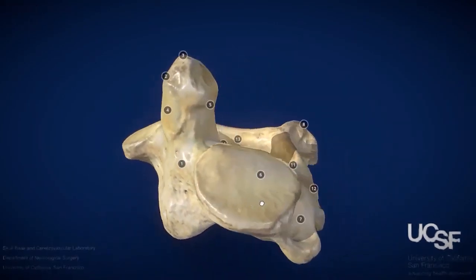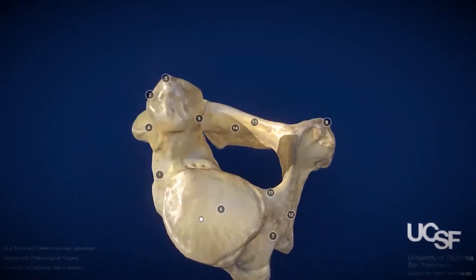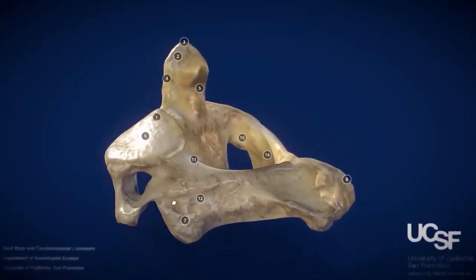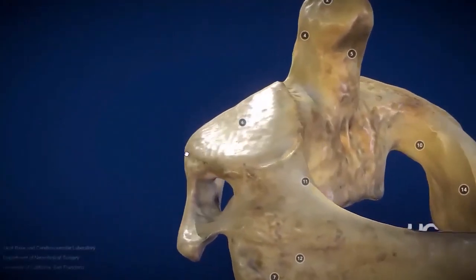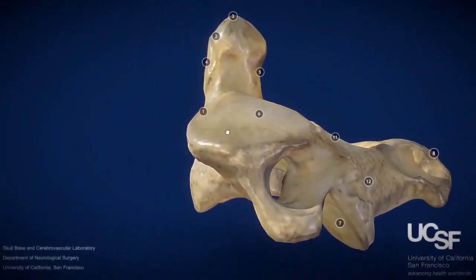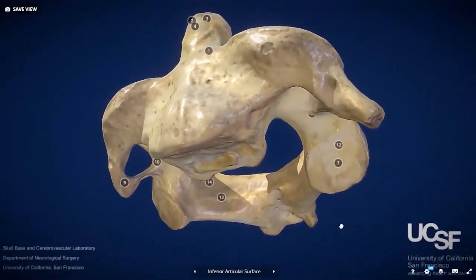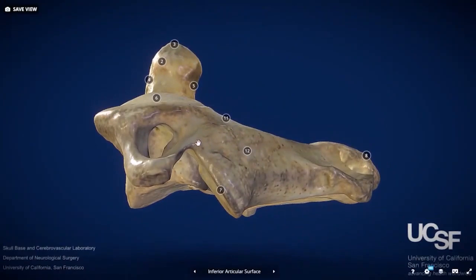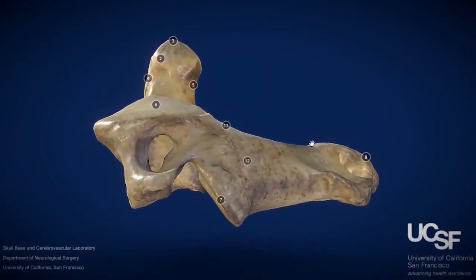Now moving laterally, we have the superior articular surface, which has a big surface that is running obliquely from lateral to medial, and it has a more horizontal direction than the inferior articular surface, which lies more vertically, and is practically emerging from the junction of the lamina and the pedicle.